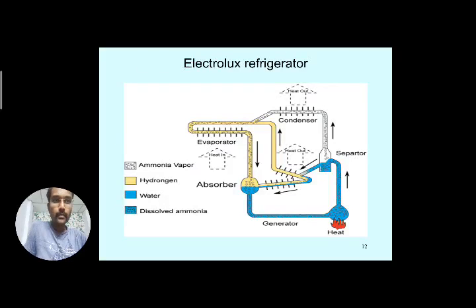Now, a simple diagram here. This is the generator, where you are supplying heat to the generator, and it enters into the separator here.